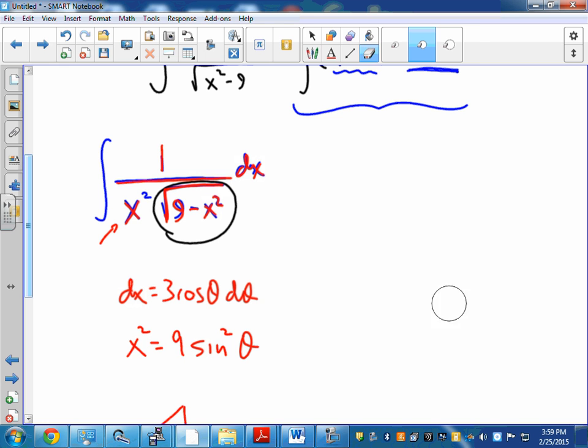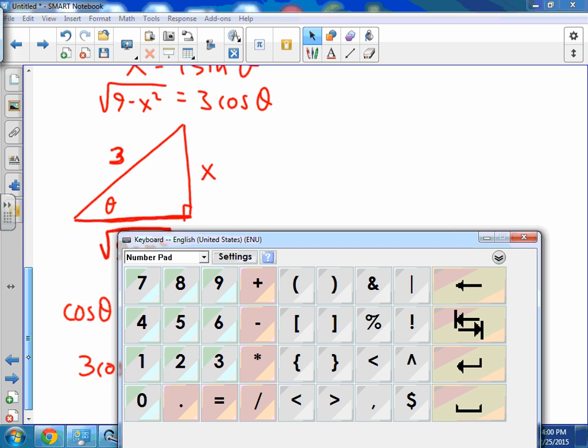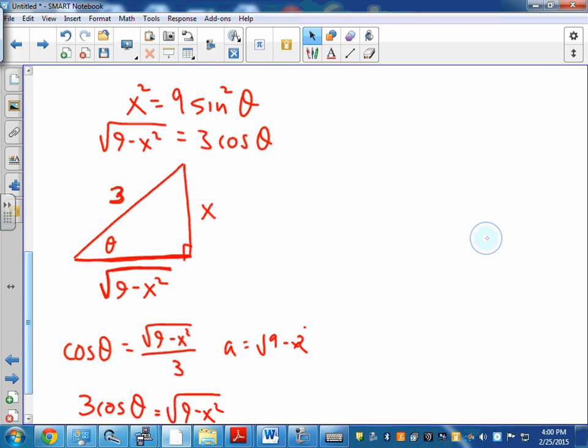And the square root of 9 minus x squared, we said, was 3 cosine of theta. Okay, so all of that is information that we've pulled out of this picture, right? And again, this picture is all coming from the fact that the sine of theta was x over 3.